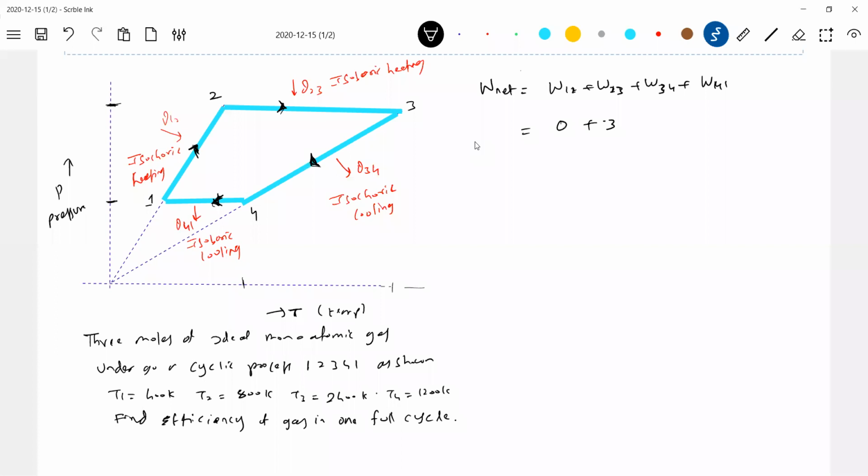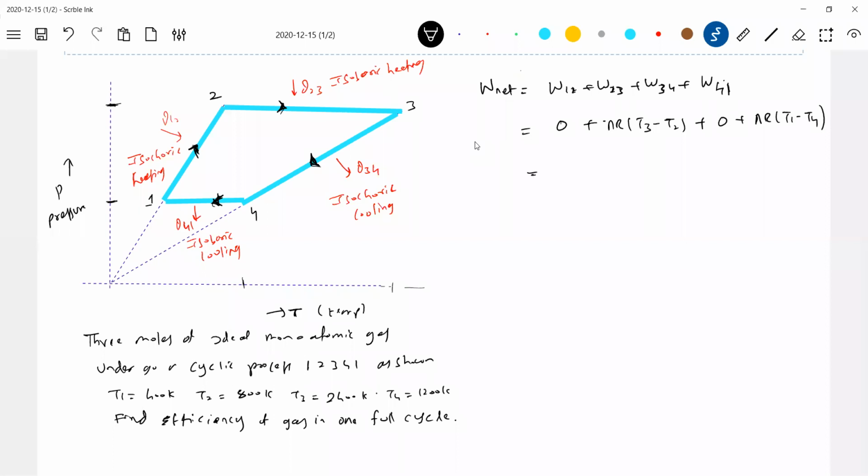Number of moles 3, nR(T3 minus T2). Then W34 isochoric process. W41, now what is W41? W41 should be again nR(T1 minus T4). Straight away we'll get the work done.